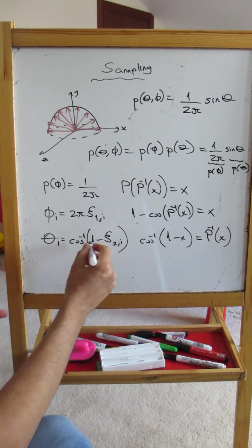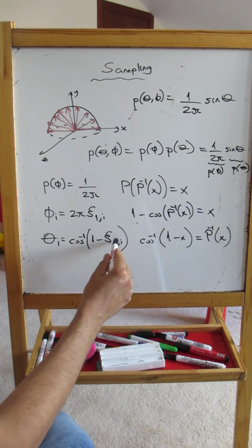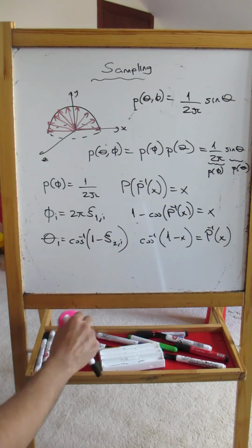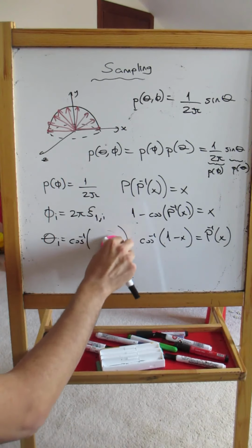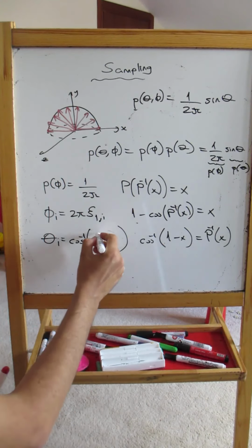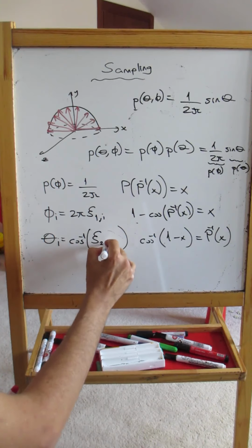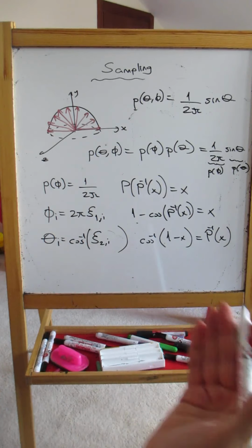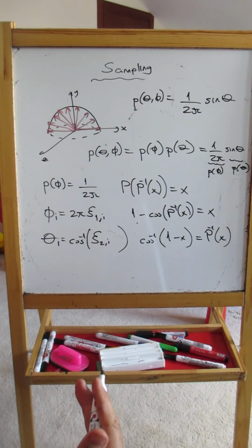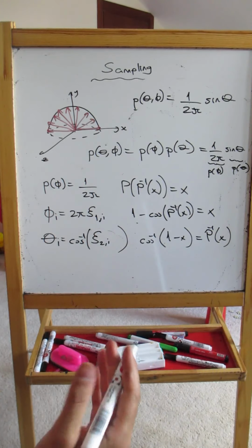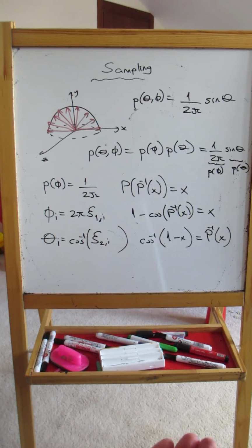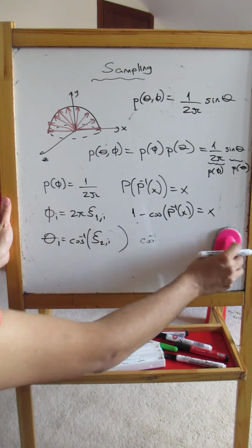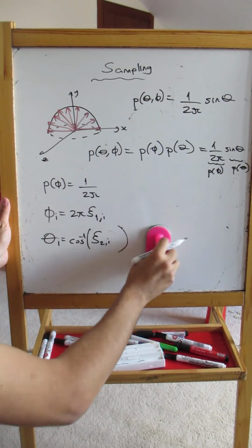So instead of using 1 minus this, you can directly use chi 2. We made that substitution because you could derive a random number and subtract it from 1, or you can directly use it. They are going to be again a random number with the same distribution. Okay, so this is our conclusion.